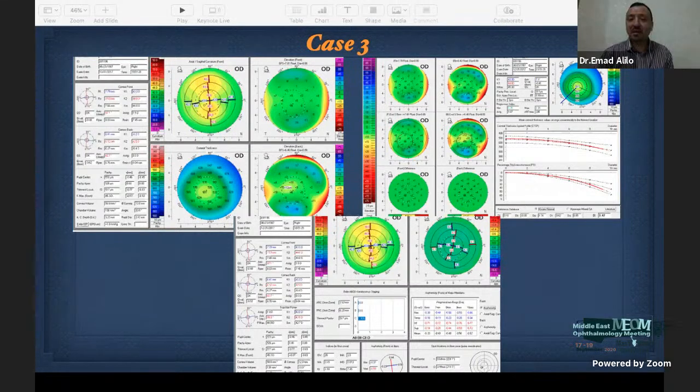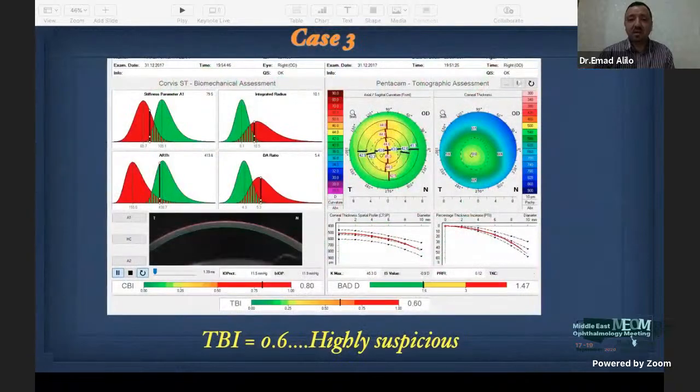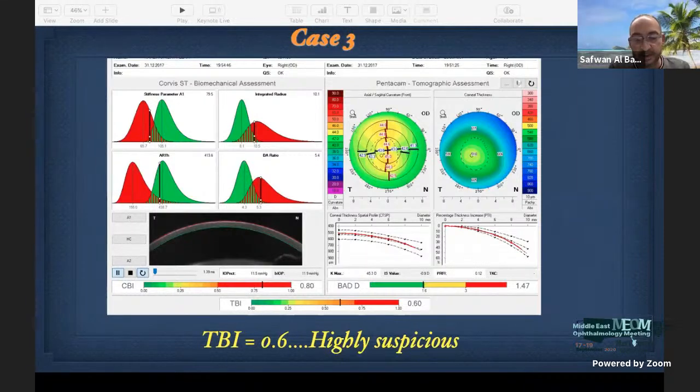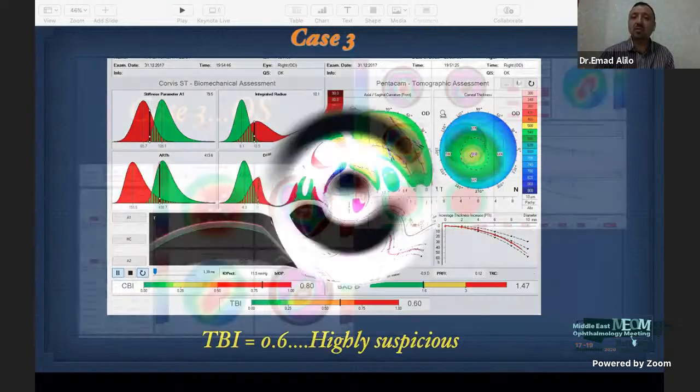Yeah, that's why I presented this case also. You can see the normal Belin-Ambrosio, totally normal cornea. But when we do the Corvis, it is really a high-risk case. TBI is 0.6, and we validate our measurement by looking at the other eye.